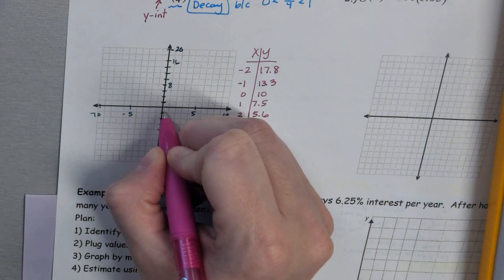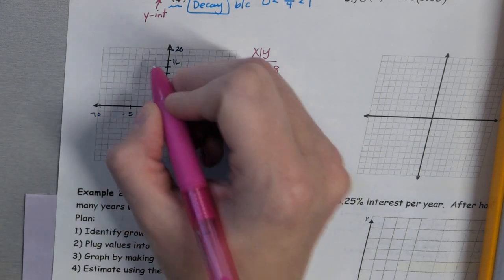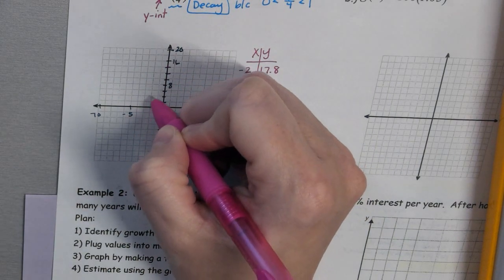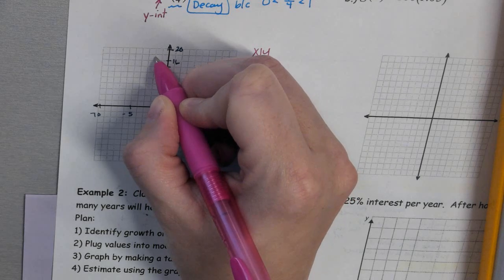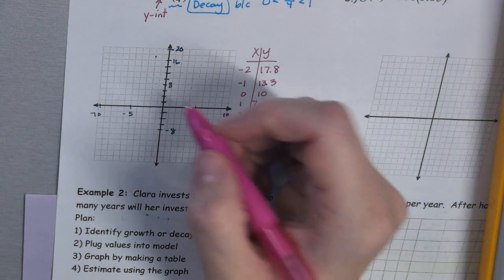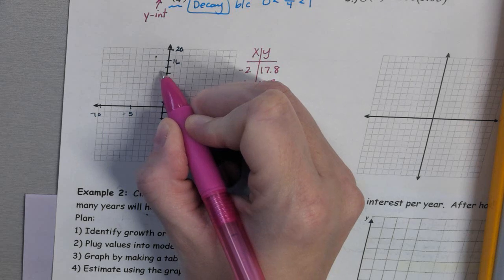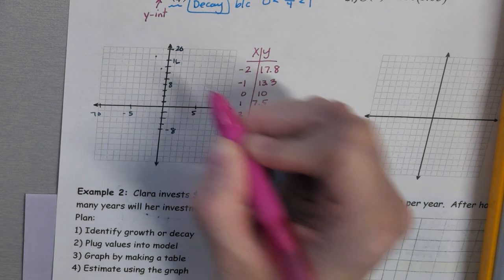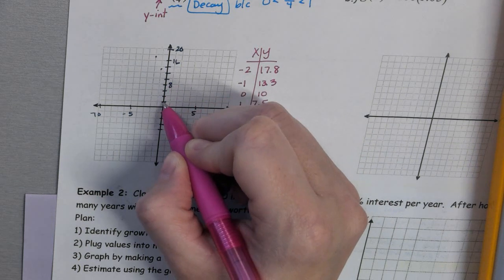So at -2, on the x's I went by 1, so -2 up to 17. This is 18, so 17.8 would be very close to 18. At -1, I'm at 13.3, so 8, 10, 12, 13. At 0, I'm at 10.